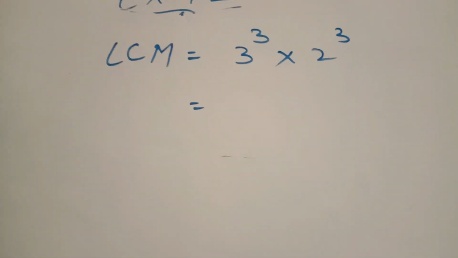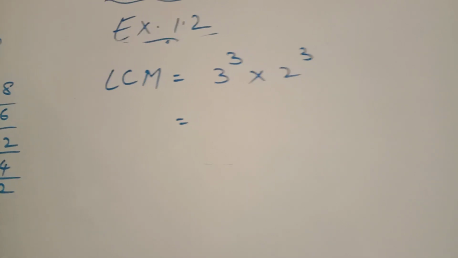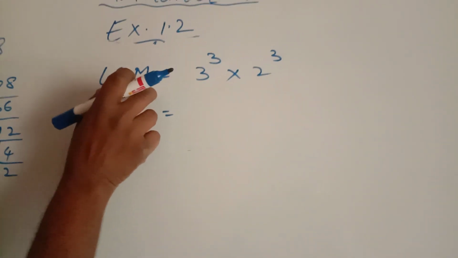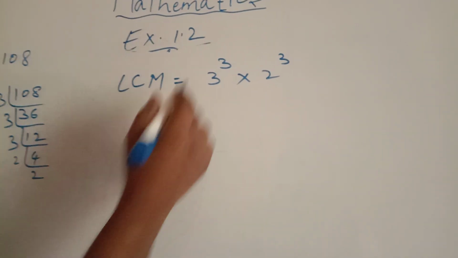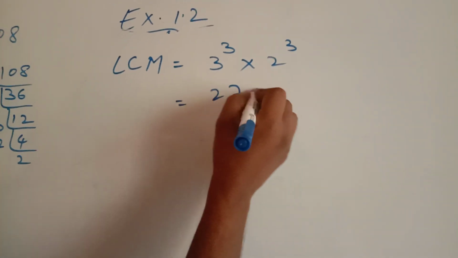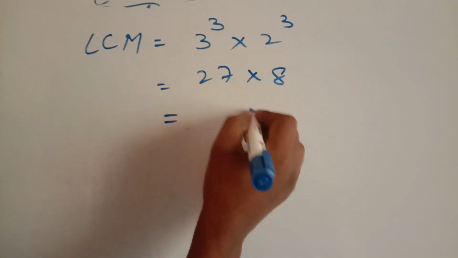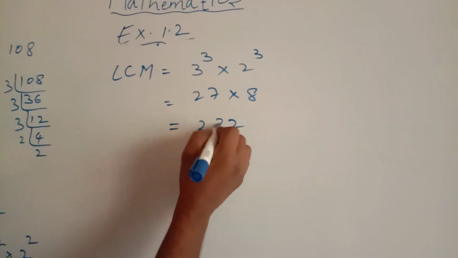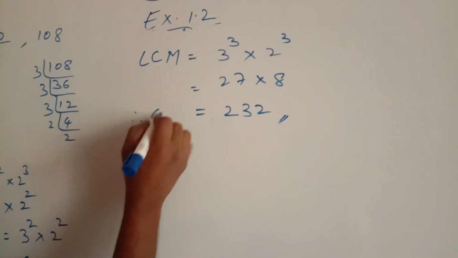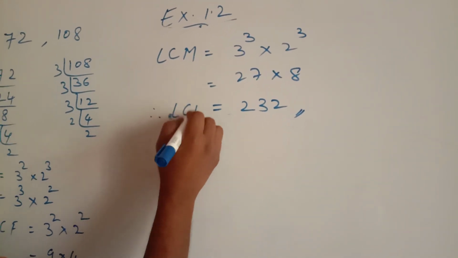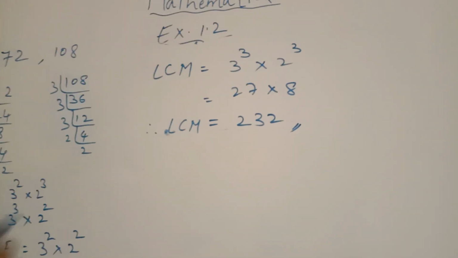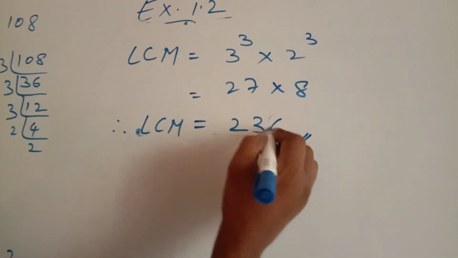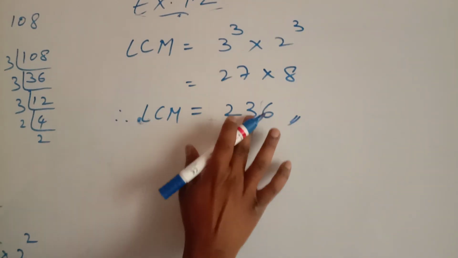Whenever you are finding the HCF and LCM, HCF is the lowest power of the common factorization, and LCM is the highest power of the common factorization. So 3 cube is 27 into 2 cube is 8. 8 7s are 56, 8 2s are 16, 16 plus 5 is 21, 216 is your LCM.